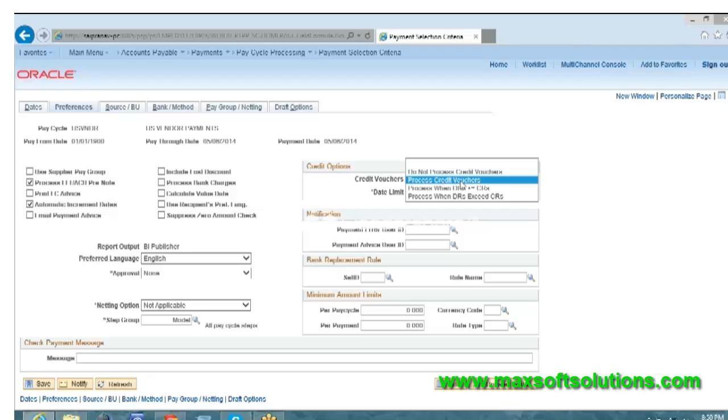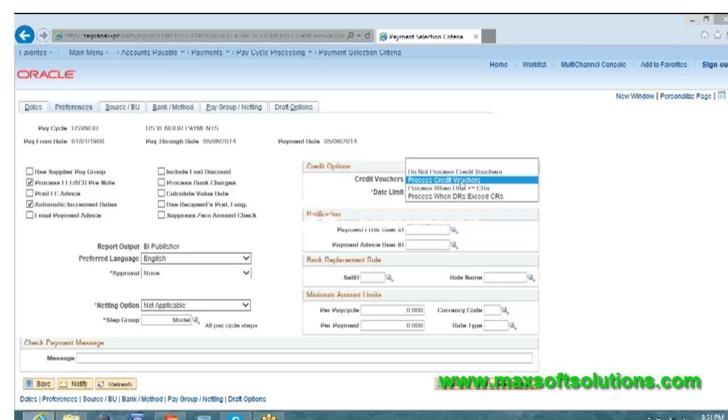That means in the example which we discussed right now, the debit balance is exceeding the credit balance. We have 8,000 of credit balance after you adjust the two invoices. Now we got a 15,000 debit invoice from the vendor.